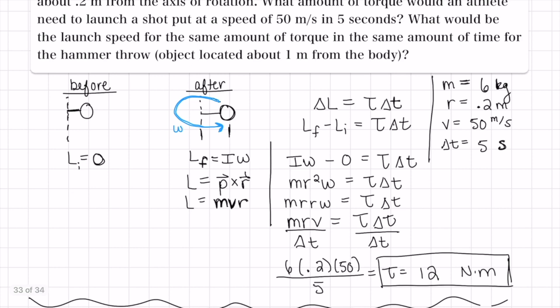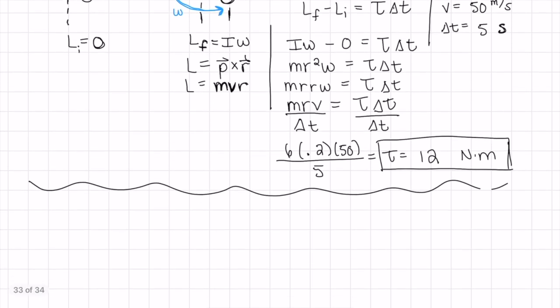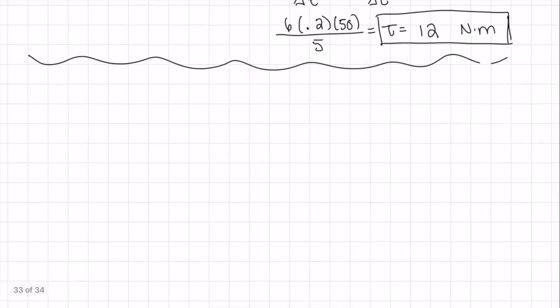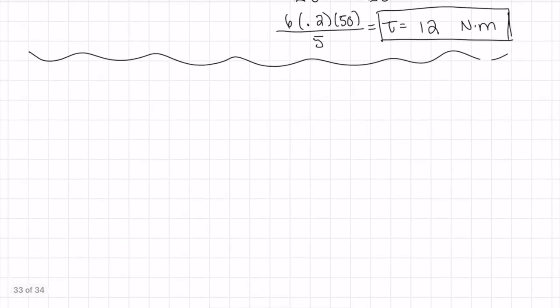So let's compare how the launch speed is going to be different if now we're switching to hammer throw, but we're going to provide the same torque in the same amount of time as we just did in this first question. The only thing that's changing is our radius. So I'm just going to redraw the picture that we had.